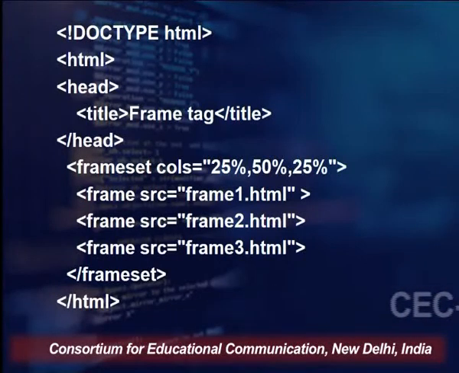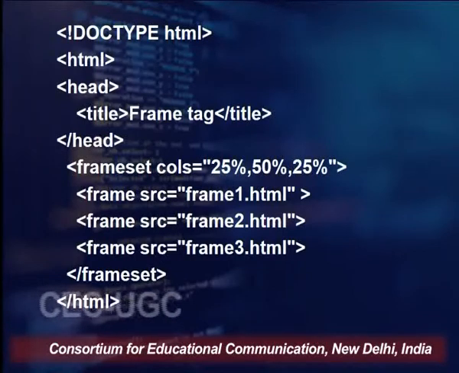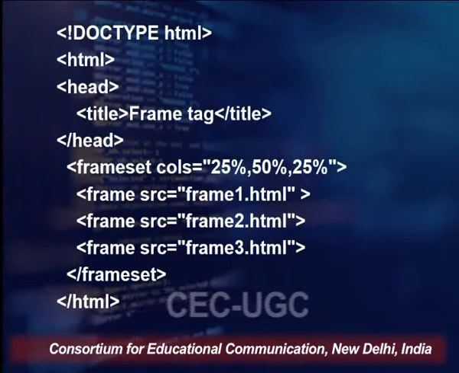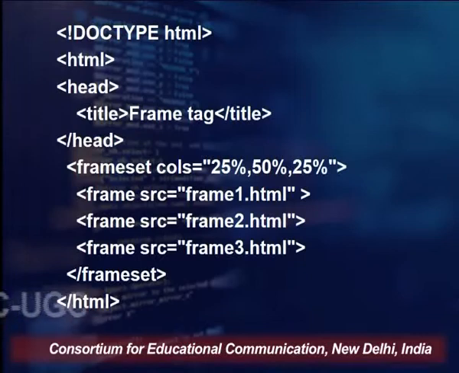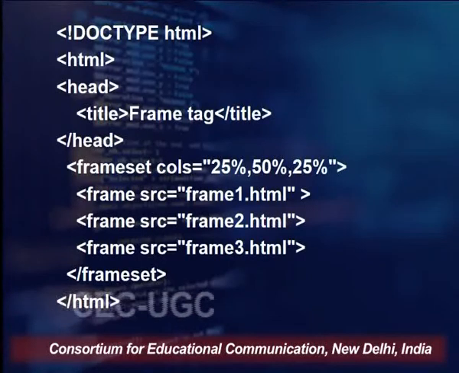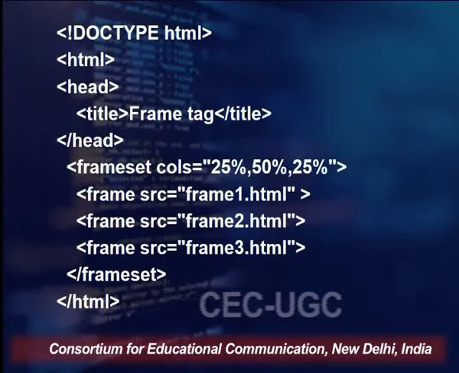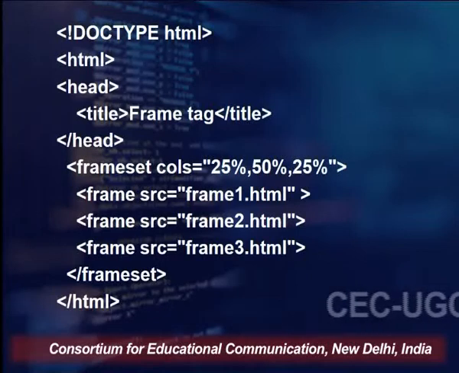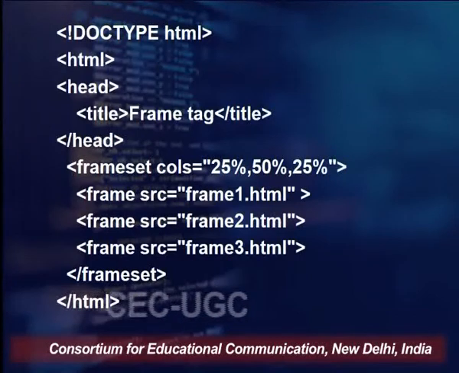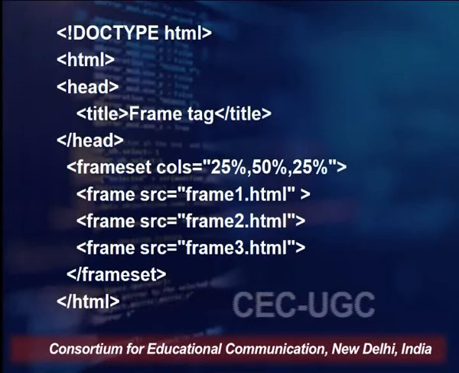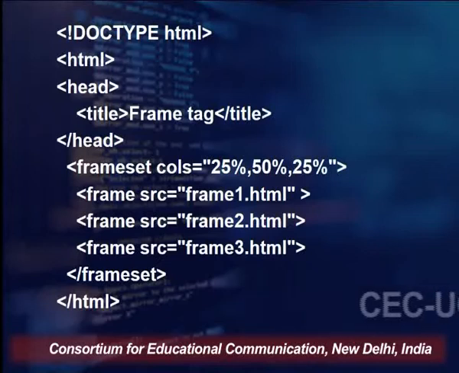We have frameset cols equals 25%, 50% and another 25%, separated by commas, and the total of 25, 50 and 25 is 100. So what is this tag saying? This tag is saying that the window is going to be divided into 3 sections column-wise, that means 3 vertical sections.